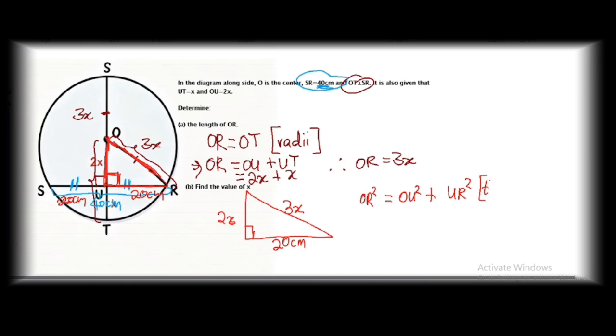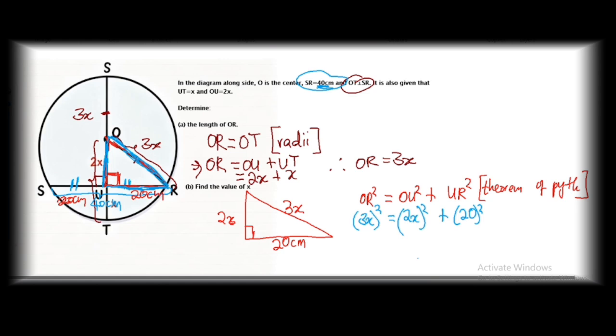And we also know that OR is 3x, since OR is the radius, so 3x squared is equals to OU, which is given as 2x, so 2x squared, plus UR, which is 20 centimeters, giving us 20 squared.